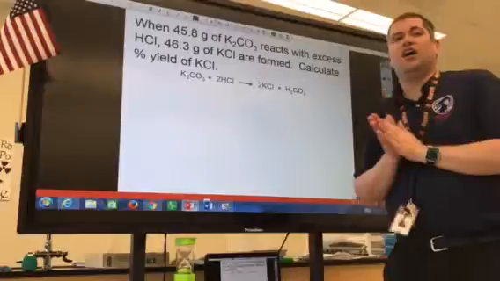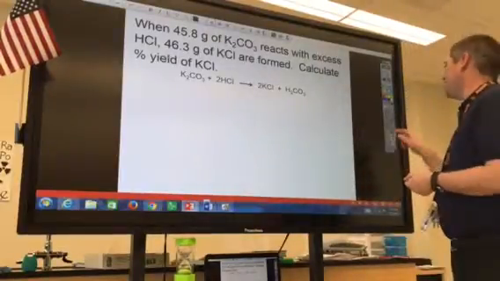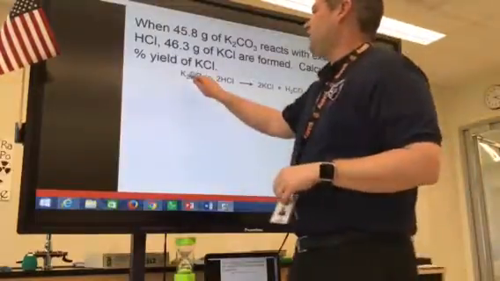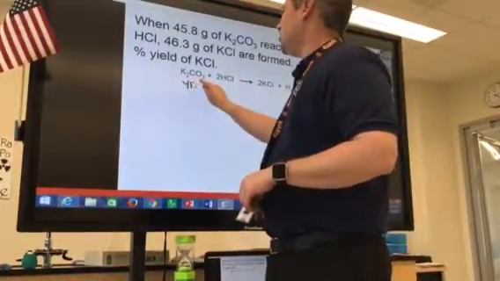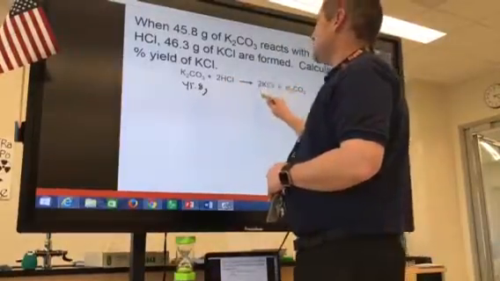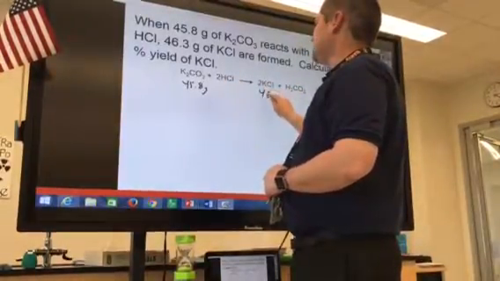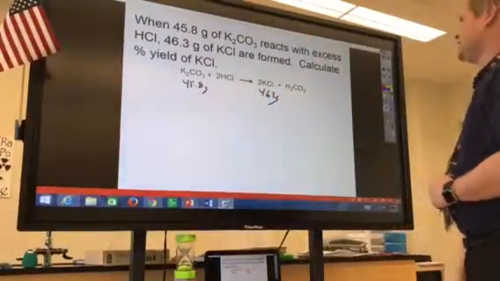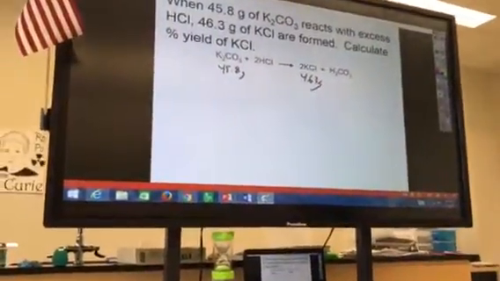Okay. So how do we start? We start by writing what we have, what we know. We have 45.8 grams. We have KCl, 46.3 grams formed, and it reacts with excess HCl.